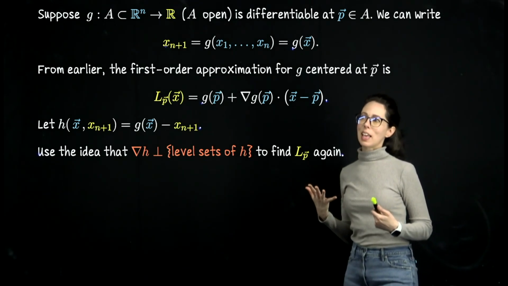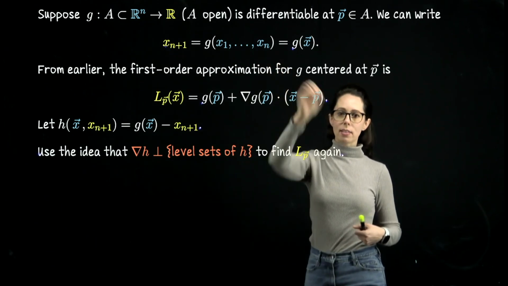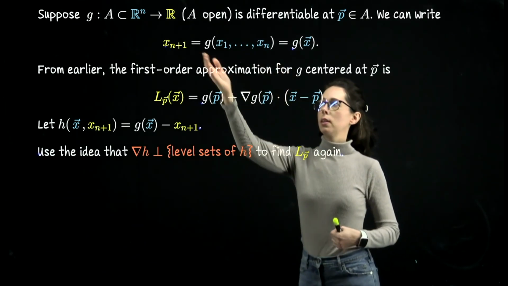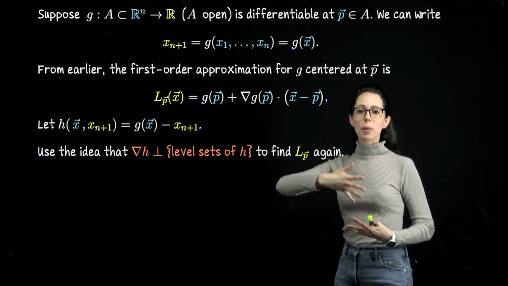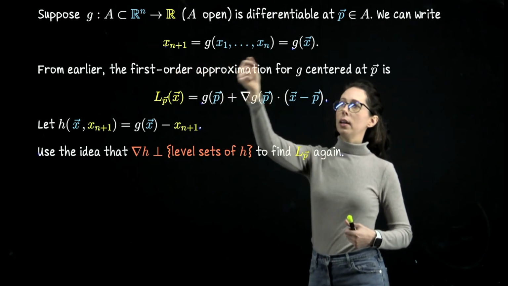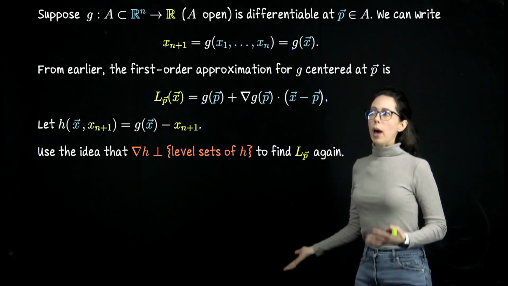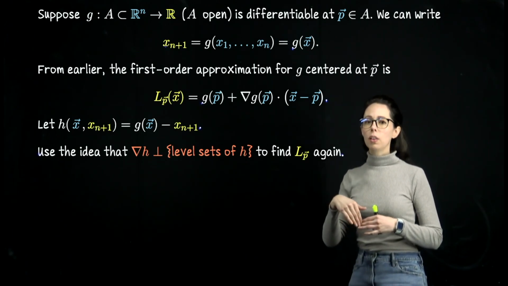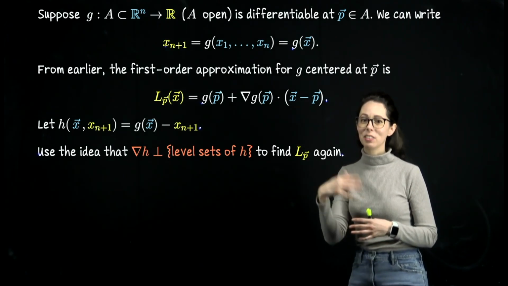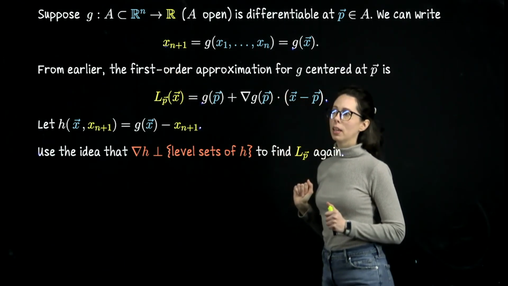If it were a function of one variable, we could say y equals g of x. If it were of two variables, z equals g of x and y. If the domain for g is three-dimensional, we could write this as w equals g of x, y, z, etc. Since I don't actually know what the dimension is, I'm just going to call that new letter, the z, w, whatever, x sub n plus 1.